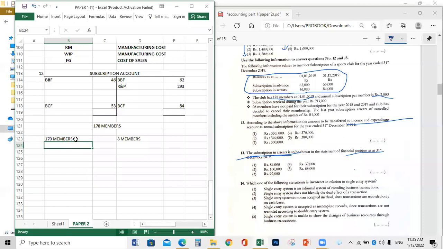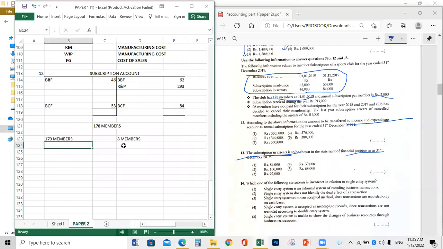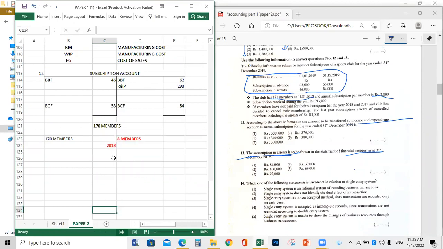Now they are telling something after that. Now see, 8 members they have to cancel. When it comes to the last year 2018, these 8 members didn't pay for the last year also. Can you all tell me how much is it? 8 members didn't pay the last year subscription.